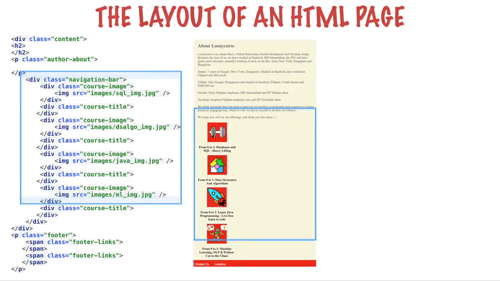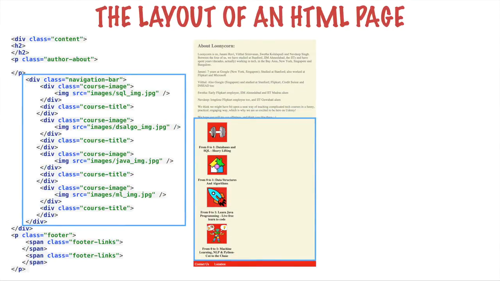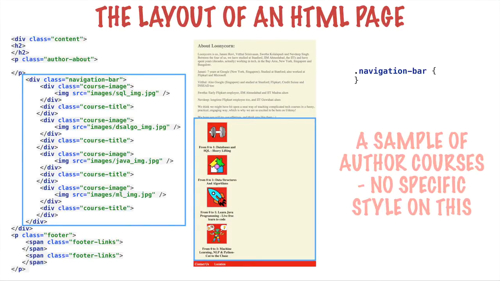After the author about section comes a logical unit called the navigation bar. And this contains a whole bunch of images to the courses that Loonycon offers. A small sampling of courses that Loonycon offers. These images should generally be links, but for simplicity's sake, we've not made them links yet.